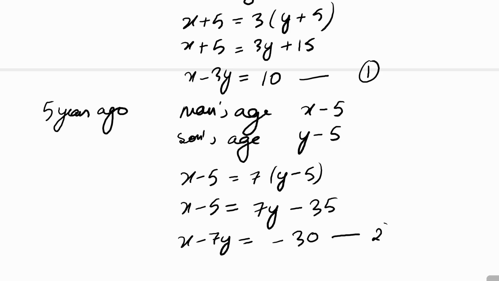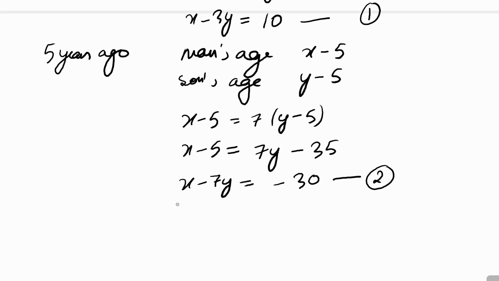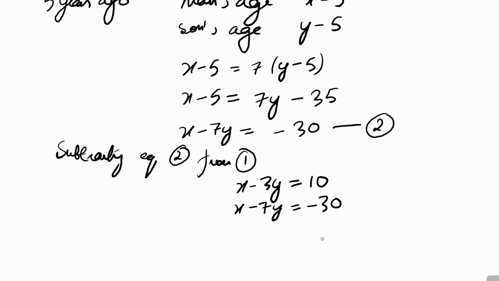Now we have two equations. Now what can we do? We will subtract equation 2 from 1. x minus 3y is equal to 10. x minus 7y is equal to minus 30.